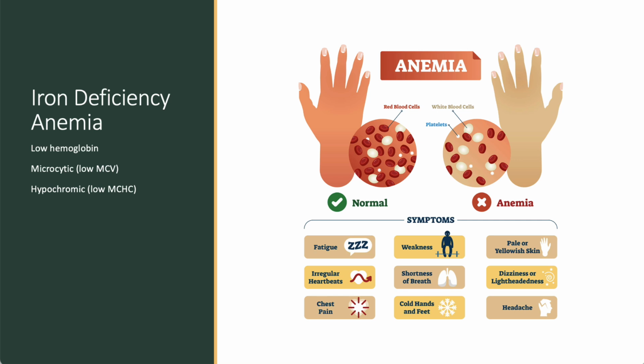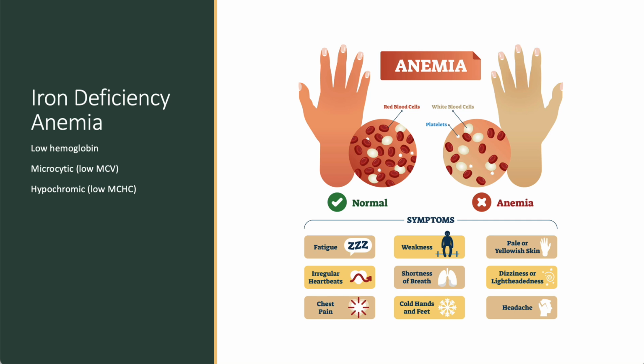Now, only a small fraction, I always forget the numbers, but it's something like 10 or 20% at the most, of the iron that is used to make new red blood cells comes from your dietary intake of iron. I think you need 20 milligrams a day, and only 1 milligram per day can be absorbed.